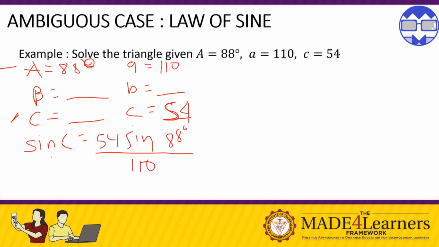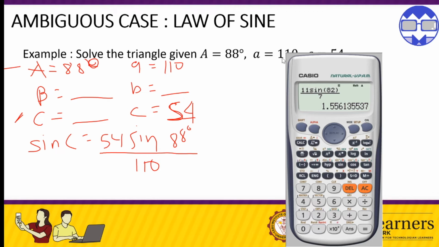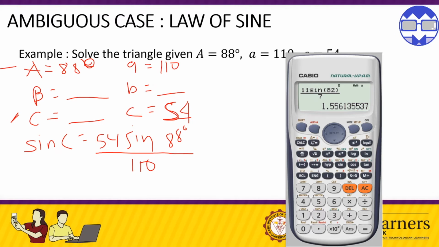I already cross multiplied, so let's check. We have 54 sine of 88 all over 110. Okay, so it's 0.49.